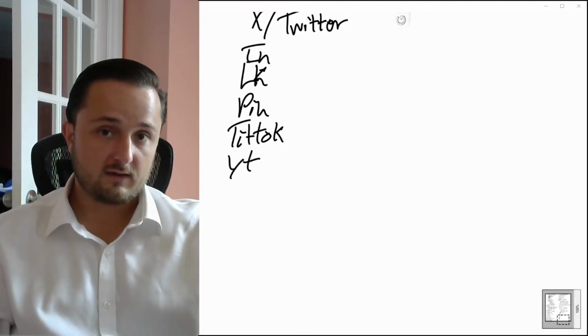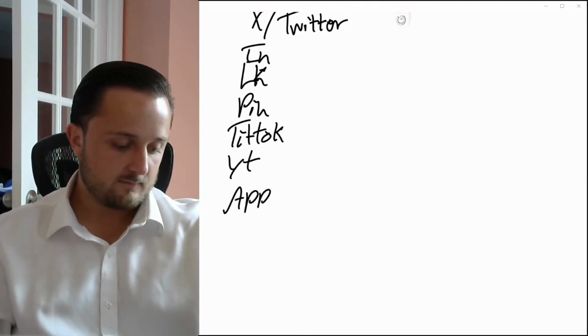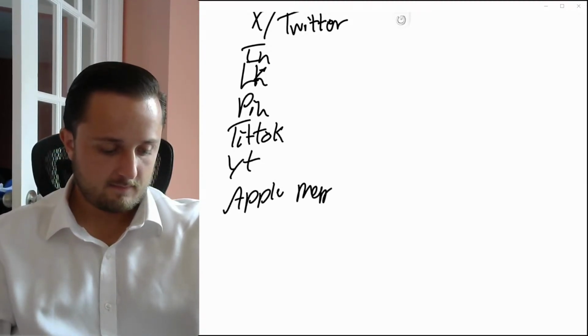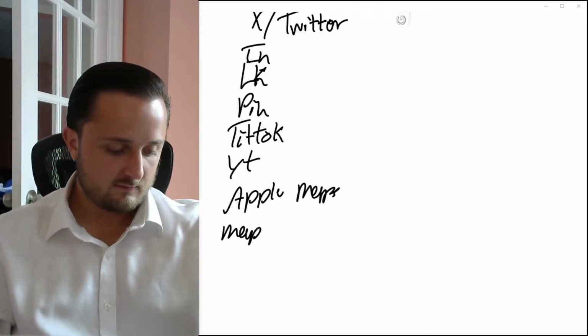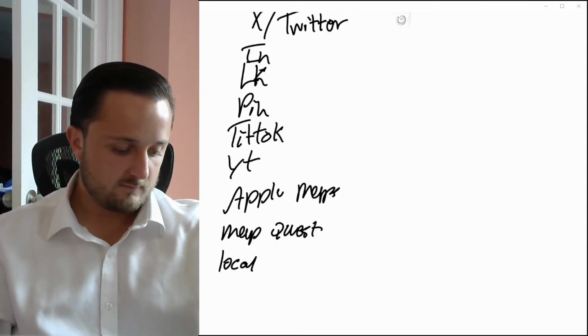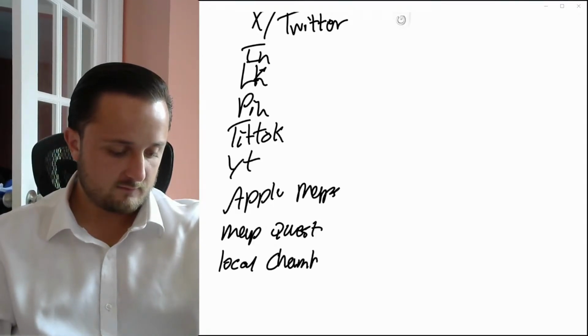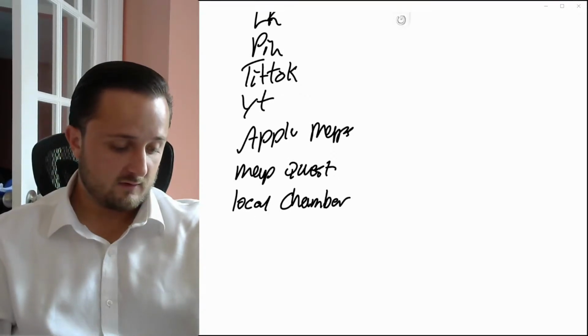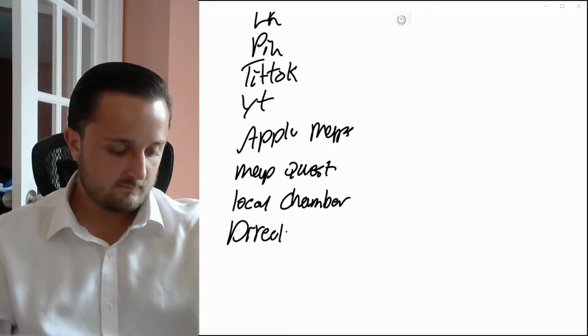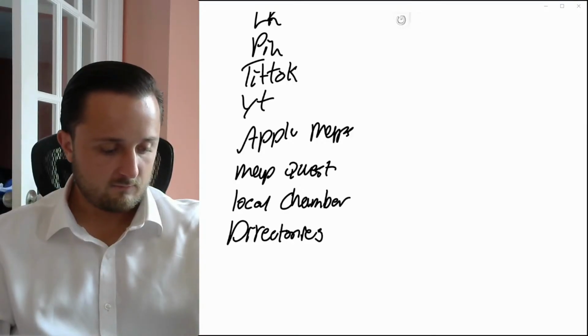Then you need to go and get on Apple Maps. Then we also need to get you on MapQuest, on your local chamber of commerce. Then we need to get you also listed on directories, right?